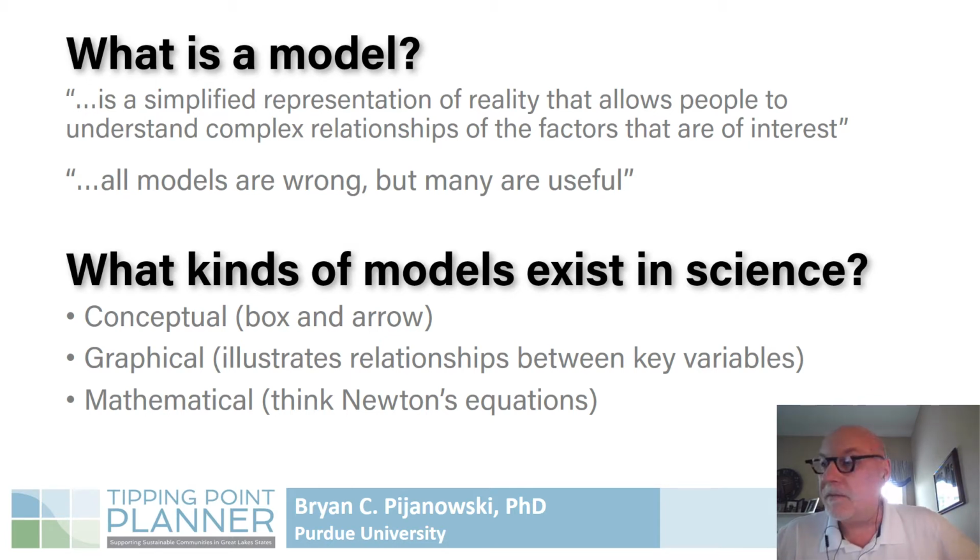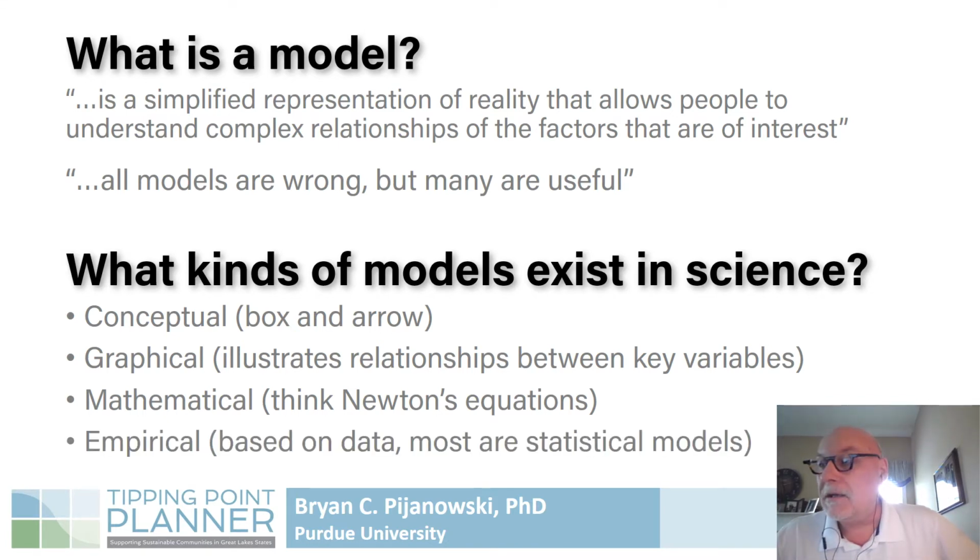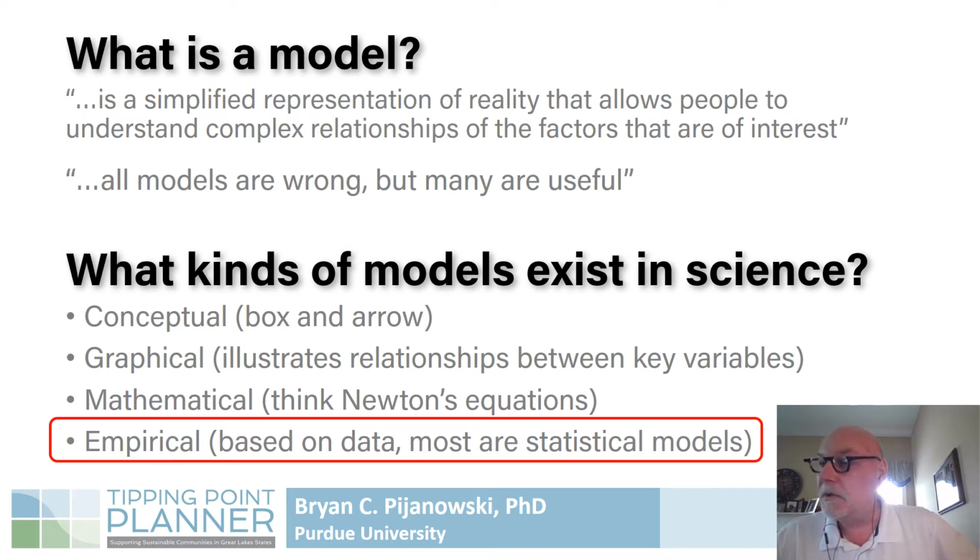Isaac Newton developed some very simple equations for how the universe works. A final kind of model is an empirical model. These are models that are based on data, and these are, for the most part, statistical models, but we'll see here in a second that the land transformation model, which is an empirical model, is not necessarily a statistical model.